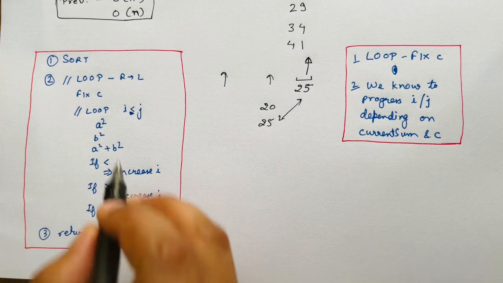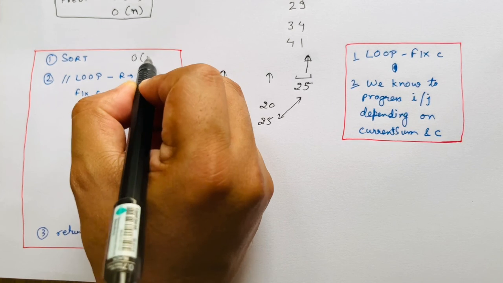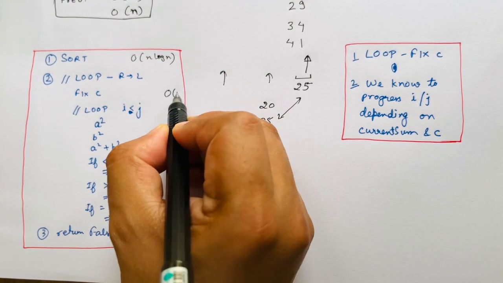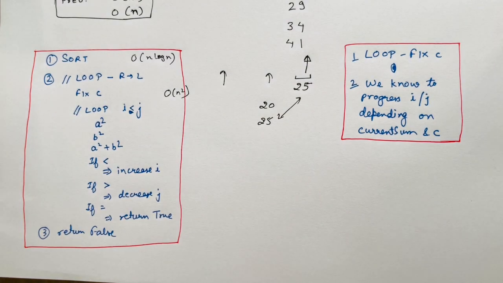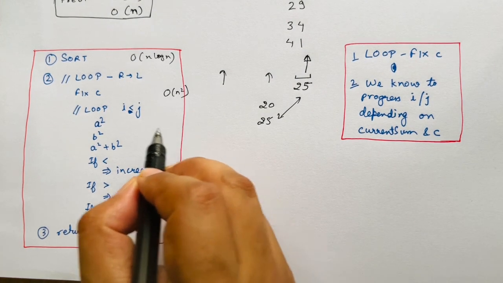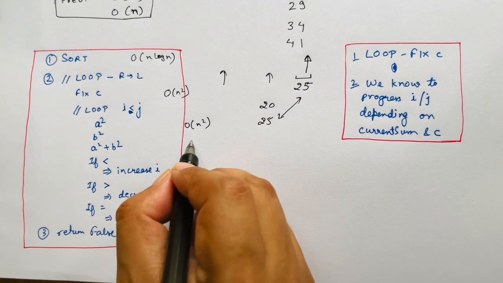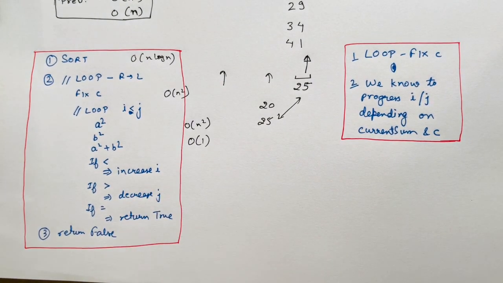What will be the time complexity here? The sorting will take big O of n log n, and these two loops will take big O of n square. Therefore, the overall time complexity becomes big O of n square, while the space complexity becomes big O of 1, because we are not using any extra space here.